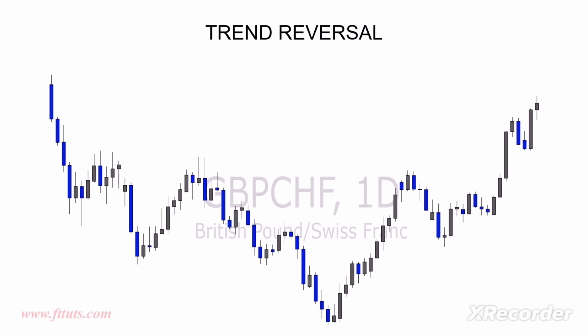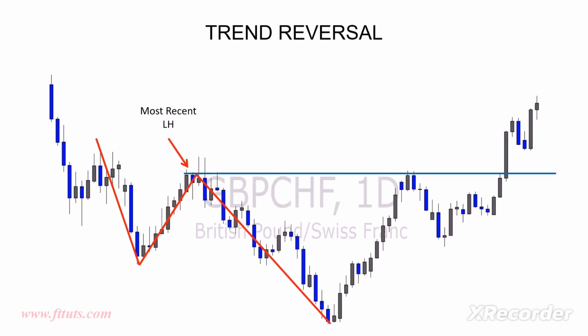So we've made a new lower high, and this is our most recent lower high. Price continues down and forms our lowest point. Now price is reversing, but we don't know for sure if it's an actual reversal yet. As we can see, this is the level of our most recent lower high.